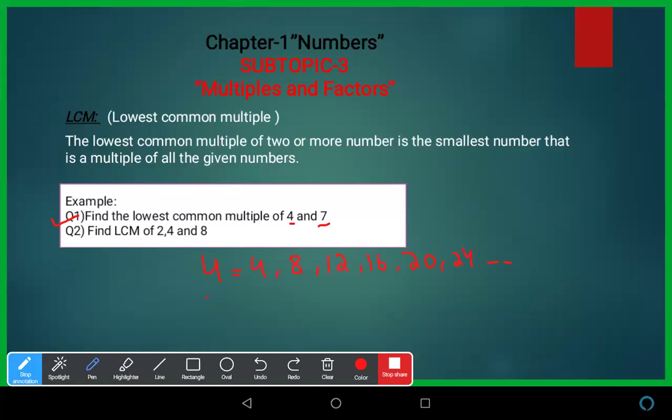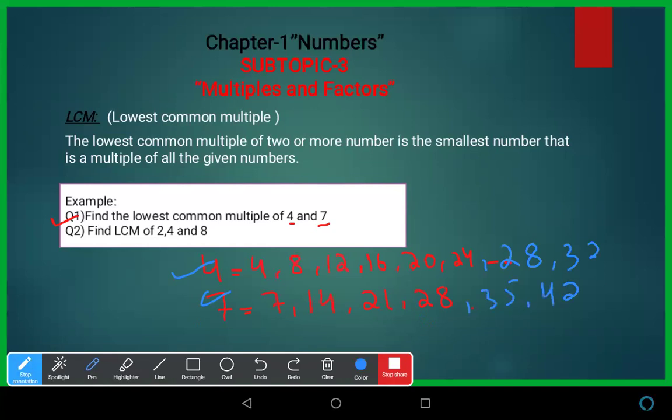Now the multiples of 7: 7, 14, 21, 28, and so on. When I see the multiples of 4 and 7, there is no common value yet, so I will write extra: 24, 28, 32 for 4, and 35 and 42 for 7.